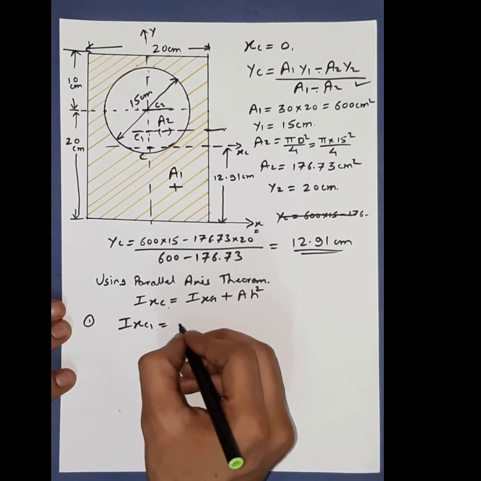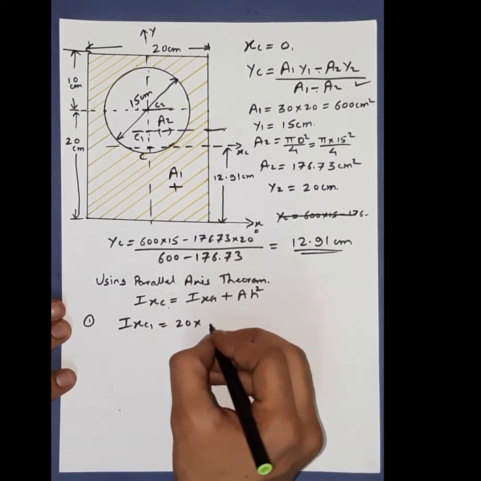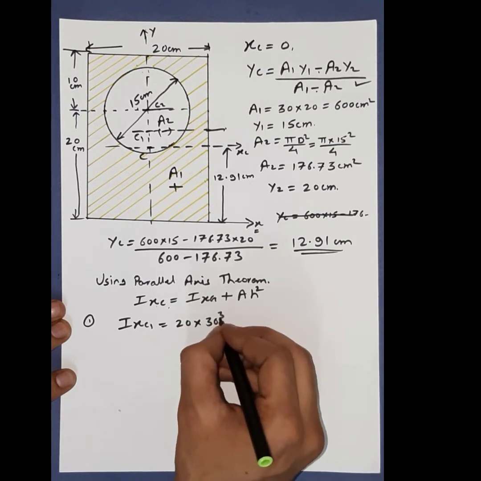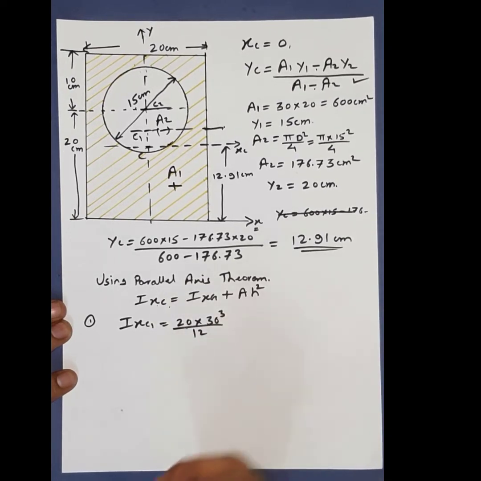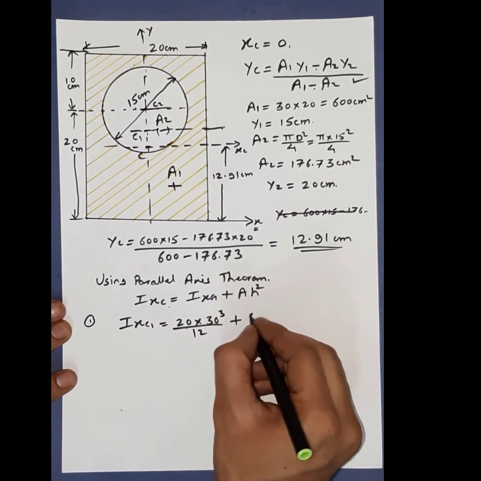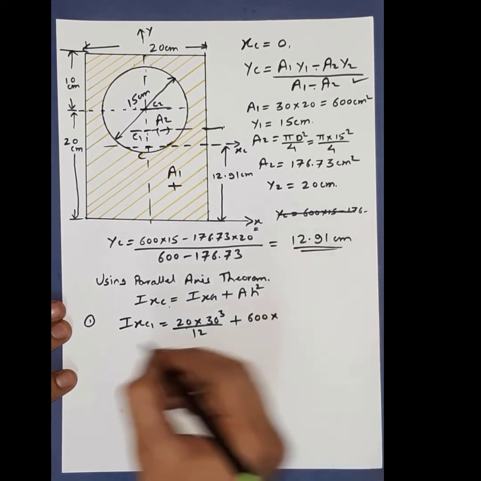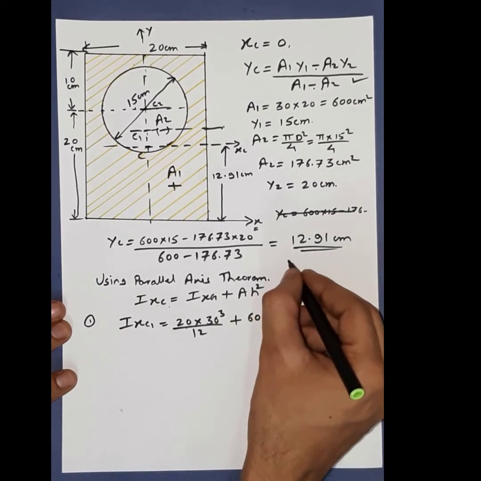That will be 20 into 30 cube divided by 12, plus A into h square. A here is 600 into the value of h1. I am doing the calculation of h1 here.